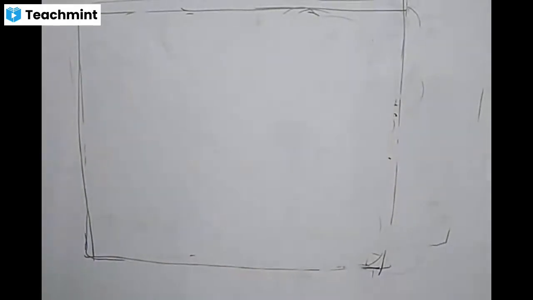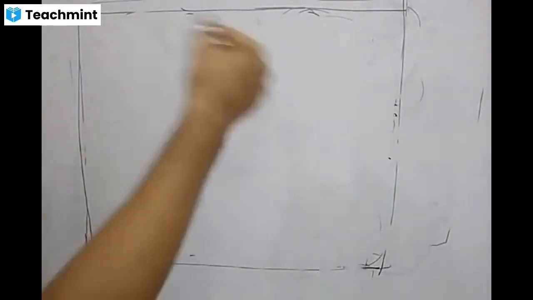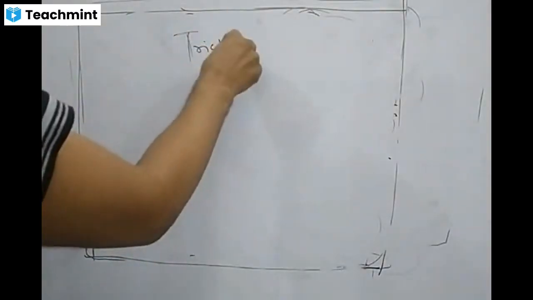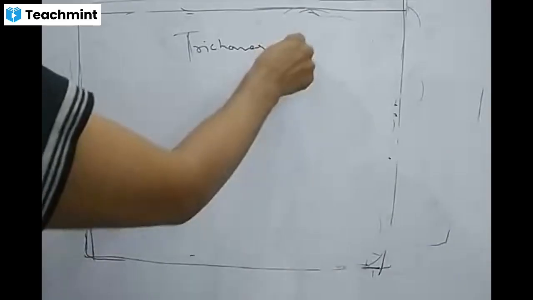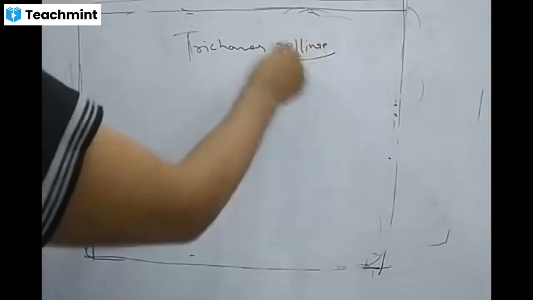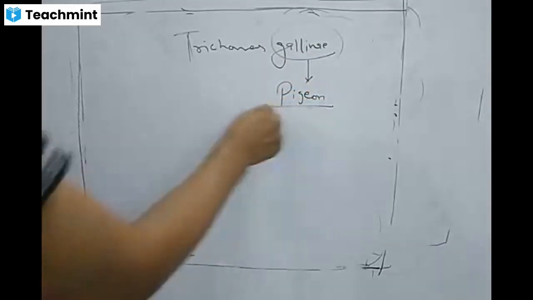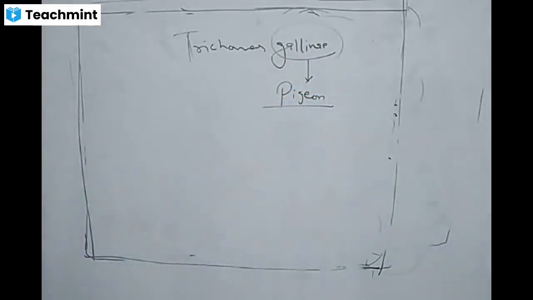Then one more flagellate which affects the intestine, or you can say GIT. That is Trichomonas gallinae. Gallinae means birds, and which bird? This time pigeon. So Entamoeba histolytica affects man, dog, cat.